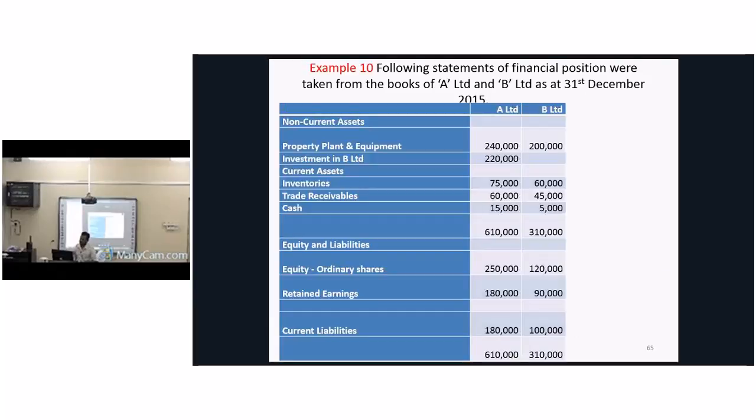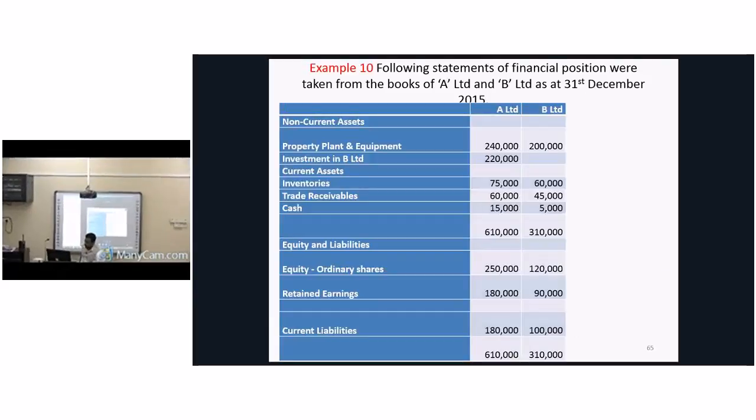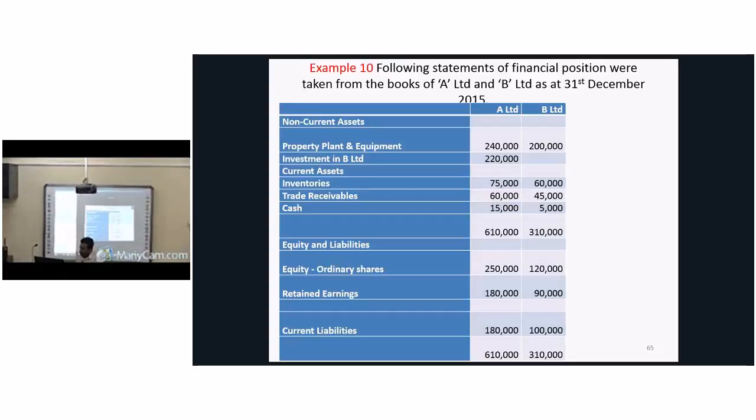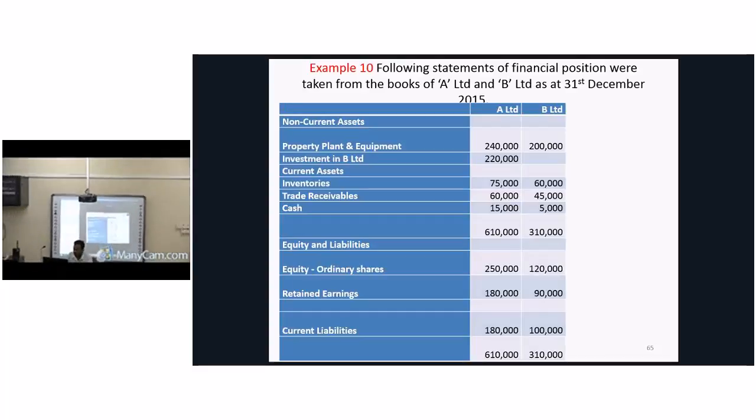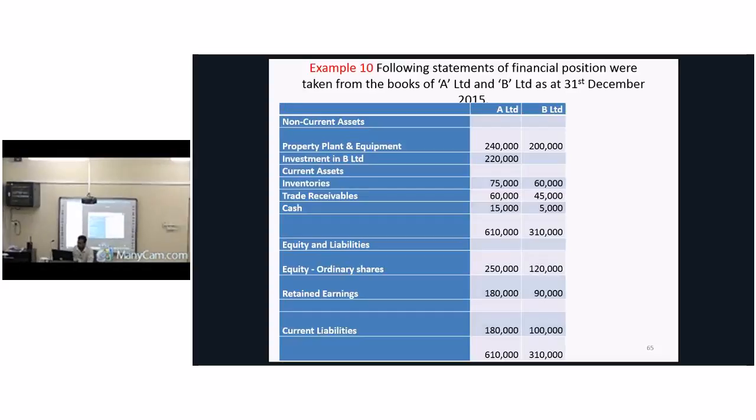And remember, example number 10 I discussed last week, as the last question. I am not sure whether I discussed example number 9. It's a little difficult question. Anybody who participated in the last session, did we discuss example number 10 last week? As I remember, I discussed example number 10, not example number 9.